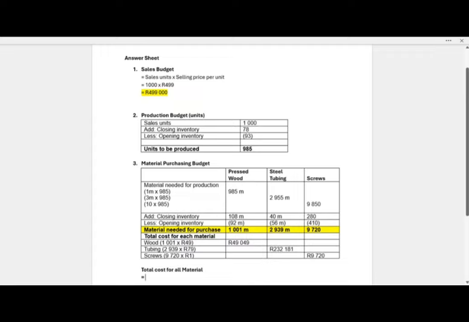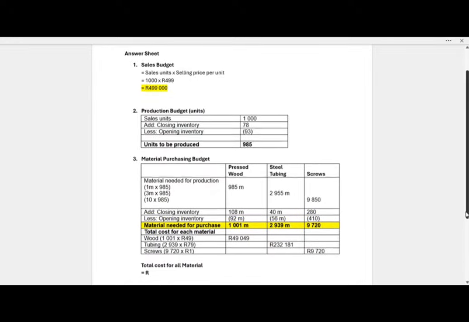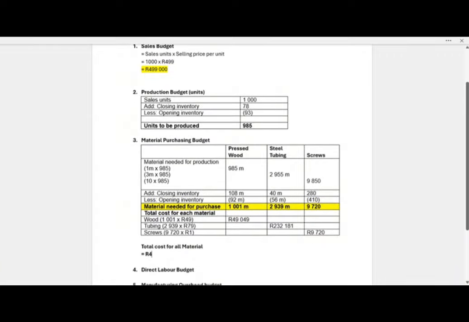So it's going to be equal to 49,049, which is the total cost for pressed wood, plus total cost for steel tubing, and then plus total cost for screws, which is 9,720.